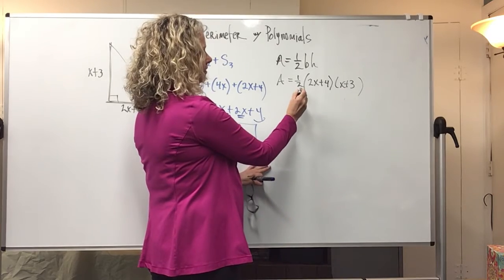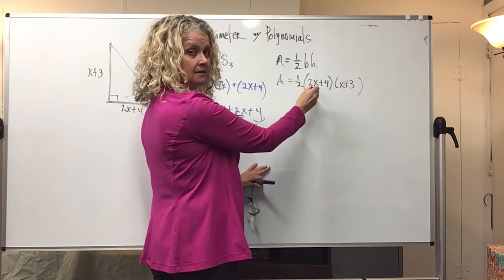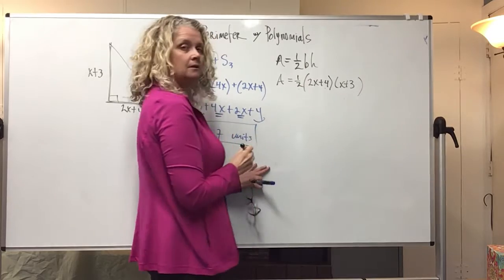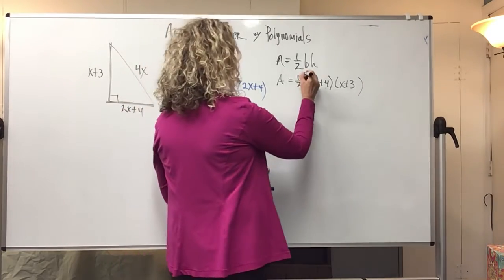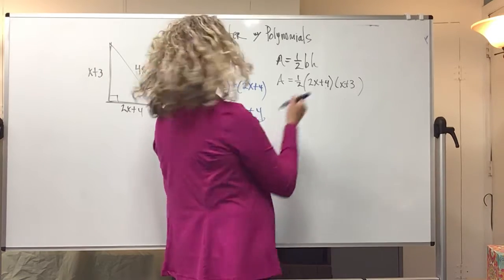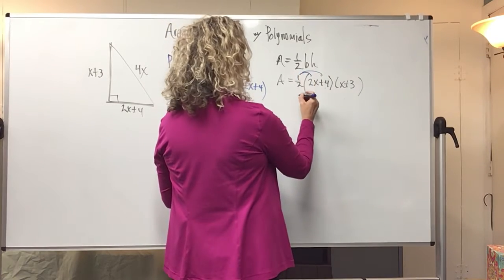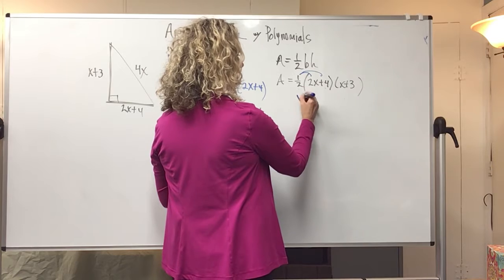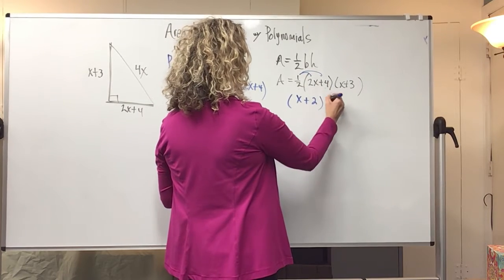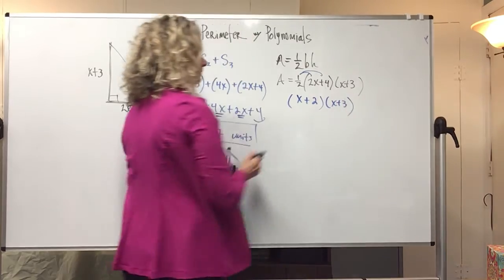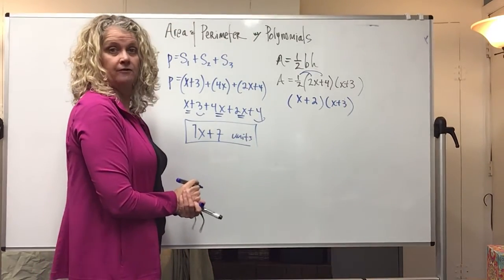Or in this case, if you notice, half of 2x and half of 4 are non-fraction constants, so that makes it pretty easy. So in this particular case, I'm going to factor in the half. 1/2 times 2x is x. 1/2 times 4 is 2.